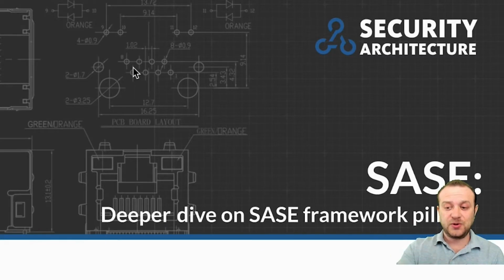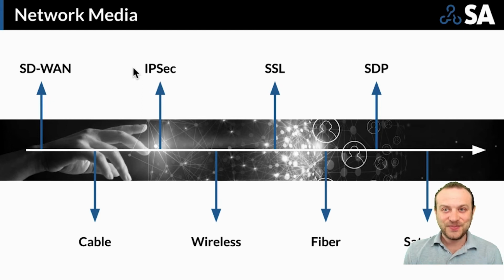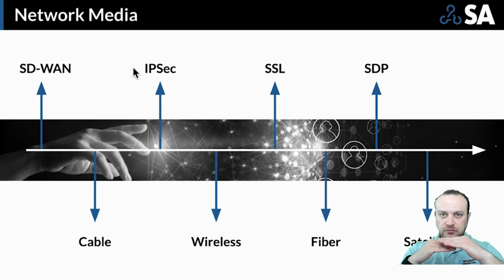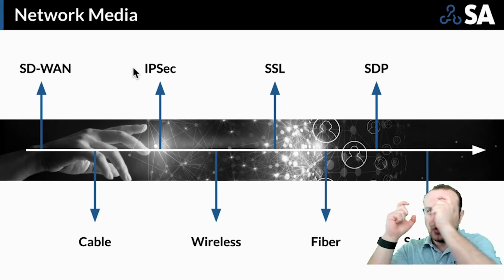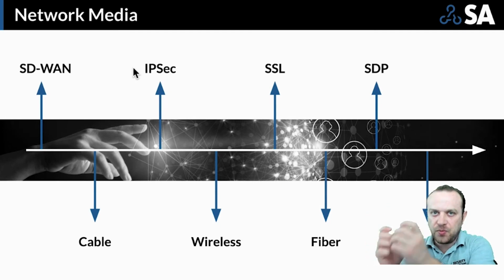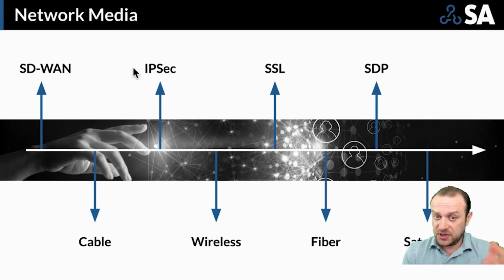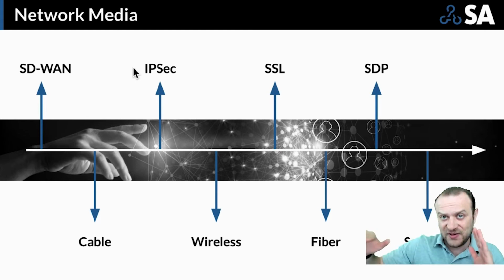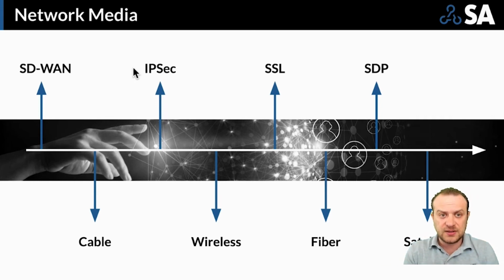So let's go through each pillar, and as I promised, we'll dive into each pillar. SD-WAN. Think about this part. We have a way to get the traffic from where you are to the security part, to the POP. I can do it using SD-WAN, IPsec, SSL, SDP, but I also need a physical layer here on the bottom. How do I actually get there? If it's a cable, if it's wireless.